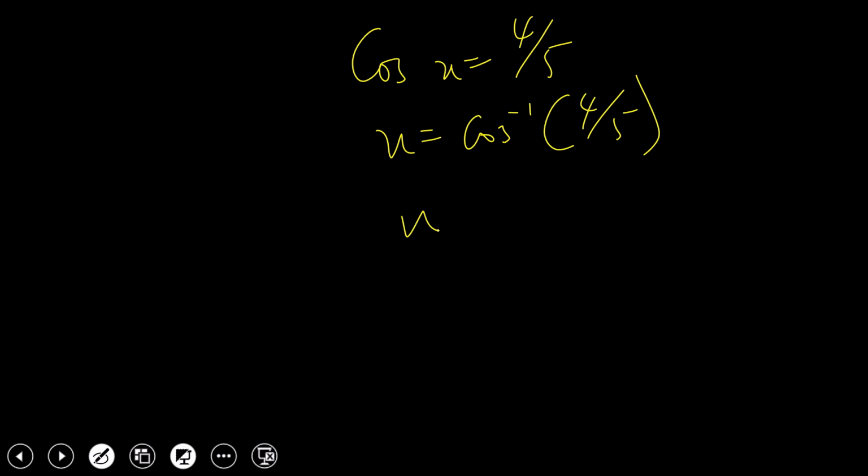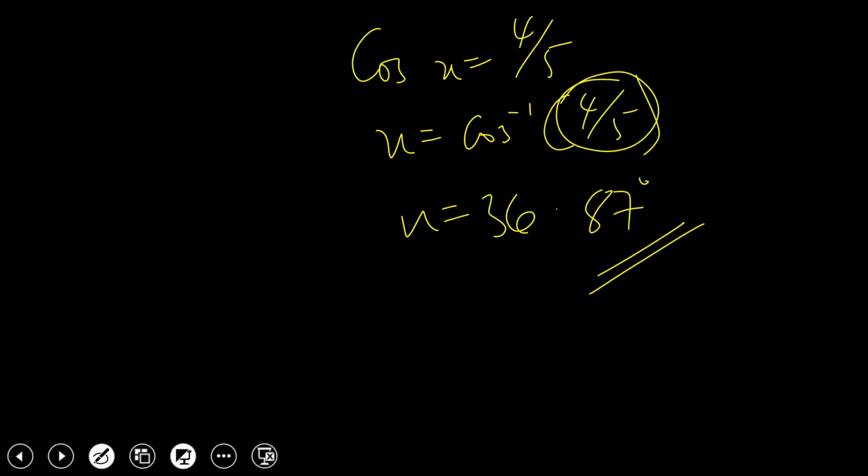Again, you take your calculator, press shift, and then press cos. You get a cos with a superscript -1. When you put in the number, you get 36.87 degrees, which is what we had for the tan.